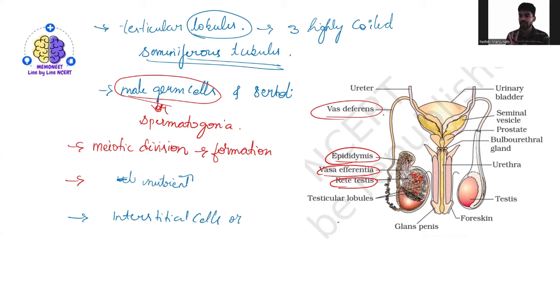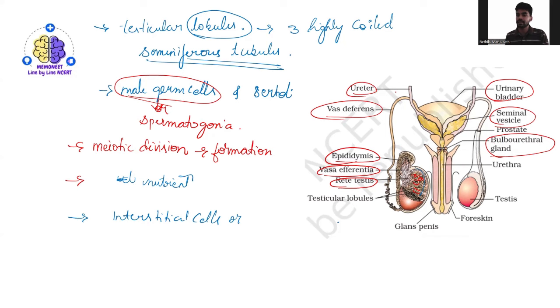So these are very important things. You also have the bulbourethral gland, and seminal vesicles, which I was talking about, are also there. Then the urinary bladder is present, and the ureter is present. You will learn one by one what these functions are, what they do, and how everything travels.